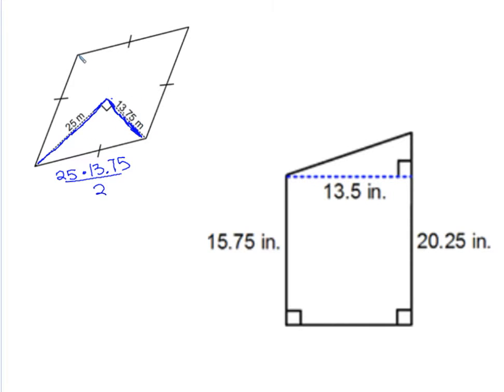Now, if I take this triangle, I could actually make 3 other triangles. And they're all going to be the same. So whatever the area is of this triangle, it's going to be for this one. And then we're going to double it. Here's another triangle. And then here's another one. So basically, I see 4 triangles in this particular shape.